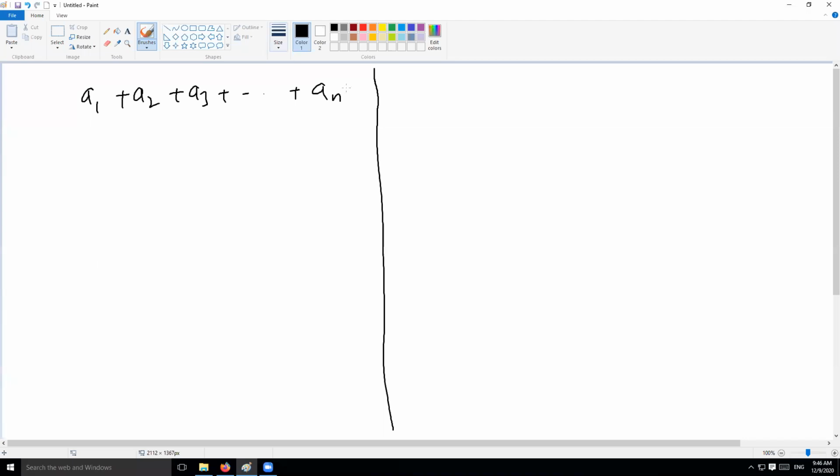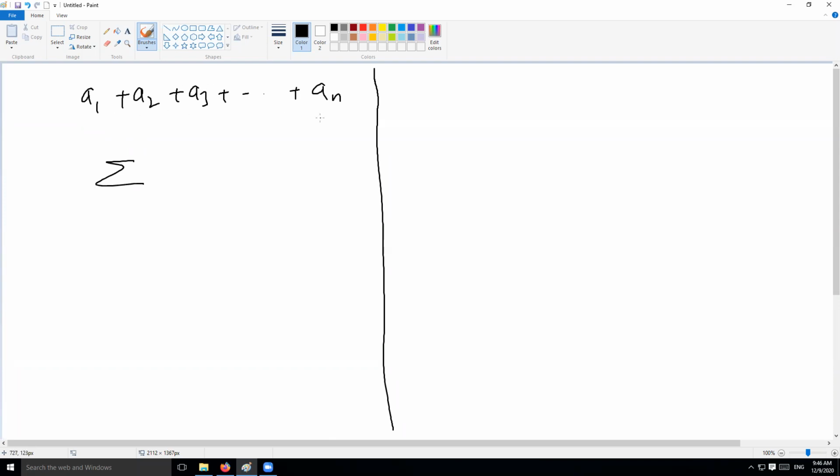Then how to generalize it? So what would be the general way to write it? a1 plus n minus 1 into d. So here's the thing you have to do. See, a is not changing, it's the indices that are changing.